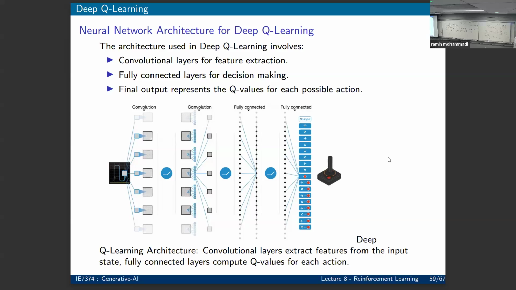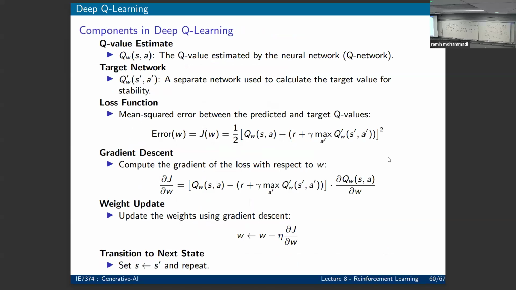All right. So now, in order to define this deep Q, instead of having one neural network, there are actually two neural networks in it.